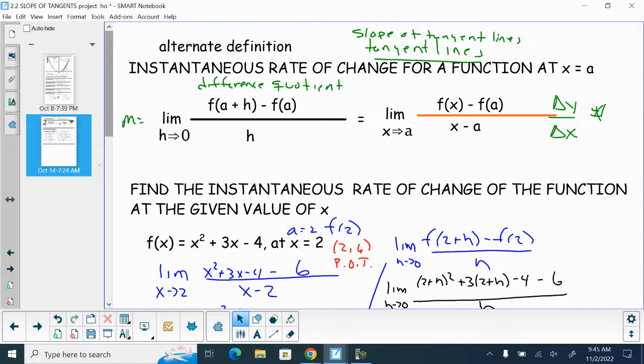I sort of like the alternate definition first. So if you focus on this a little bit more, that's fine. You make a choice. You have two ways of being able to determine it. Eventually, we'll have to go into this when we take a look at trig functions. Sine and cosine, we'll have to use the difference quotient when dealing with sine and cosine functions and trigonometric functions.